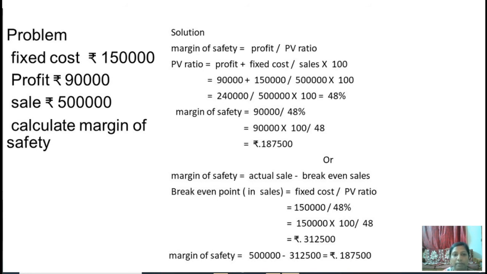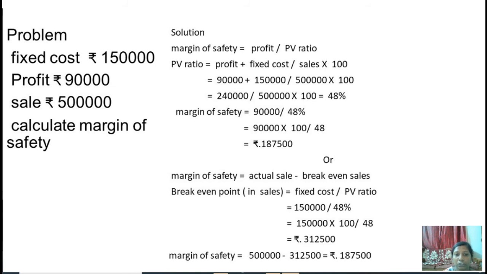The first one, margin of safety equals profit divided by PV ratio. In the problem we see the information about profit only. There is no PV ratio. So here also first we calculate the value of the PV ratio.